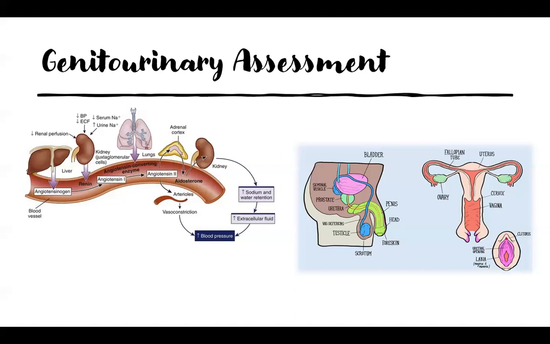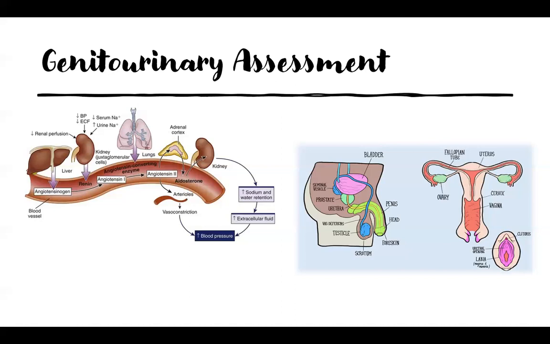Another function of the kidneys is that they secrete erythropoietin, an essential hormone in the making of red blood cells. The erythropoietin is made by the kidneys and then sent to the bone marrow where the red blood cells are made.